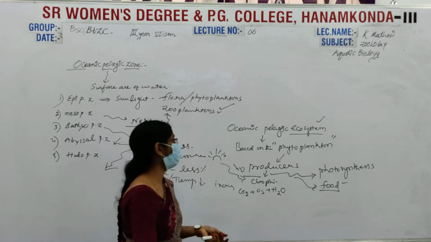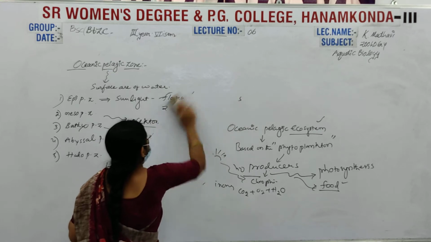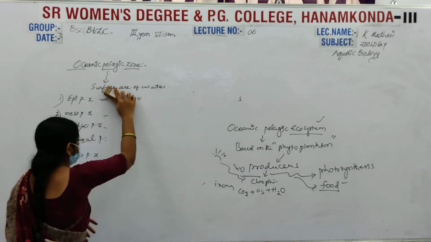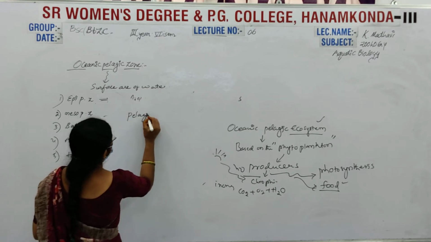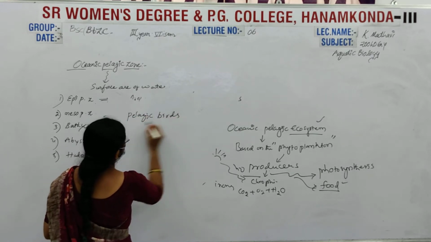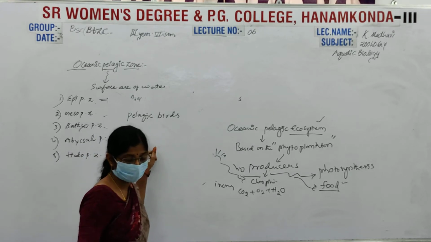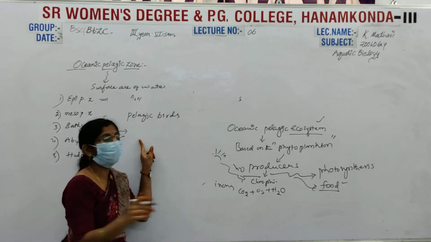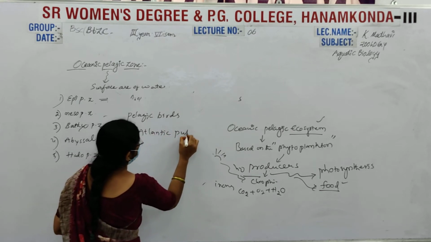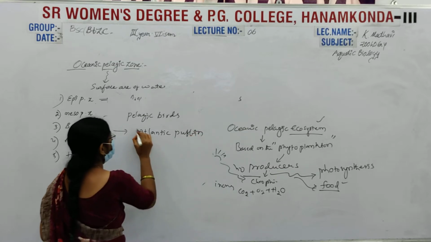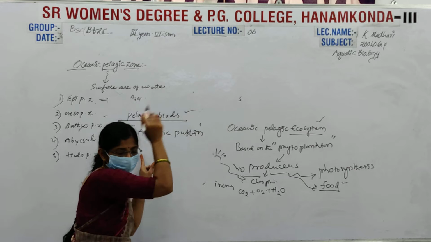Examples of pelagic birds are the Atlantic or Arctic tern and the Atlantic puffin. The Atlantic puffin is a bird present in the oceanic pelagic zone.